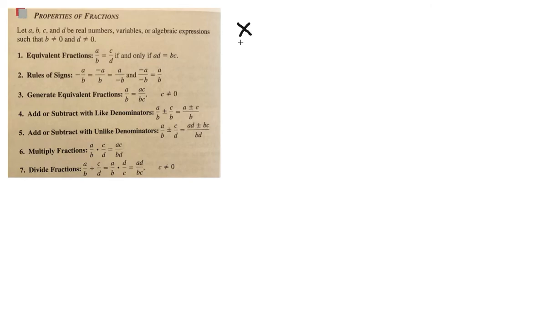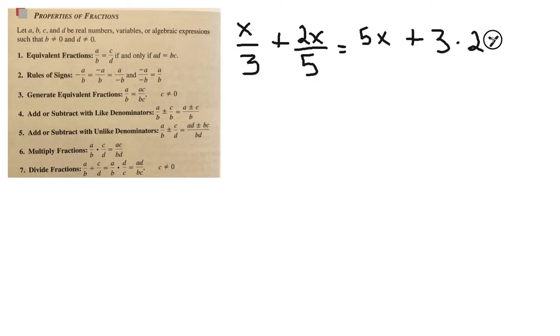We'll start off with showing that x over 3 plus 2x over 5 is equal to, plus 3 over 2x.